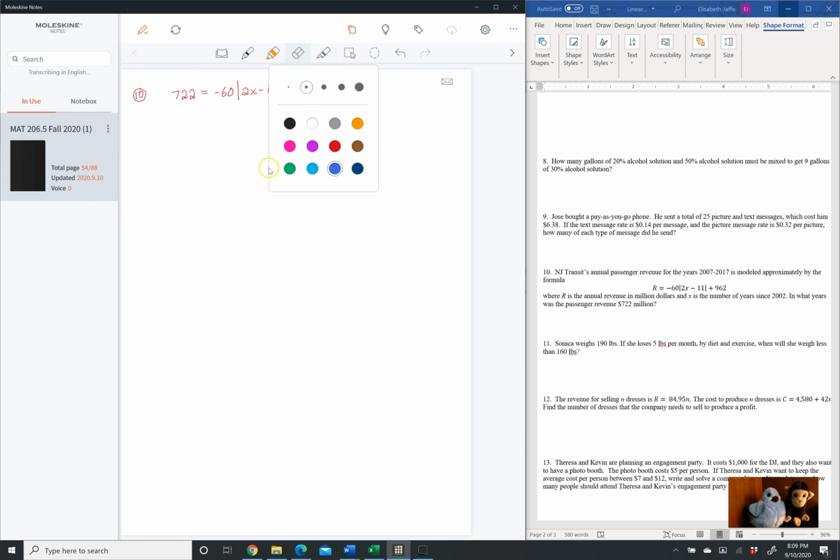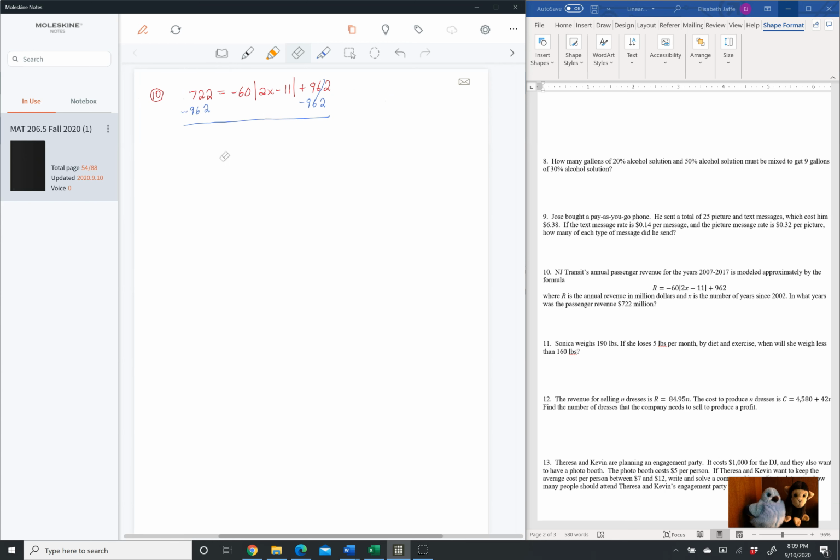We subtract 962 from both sides. 722 minus 962 gives us negative 240, which is equal to negative 60 times the absolute value of 2x minus 11.